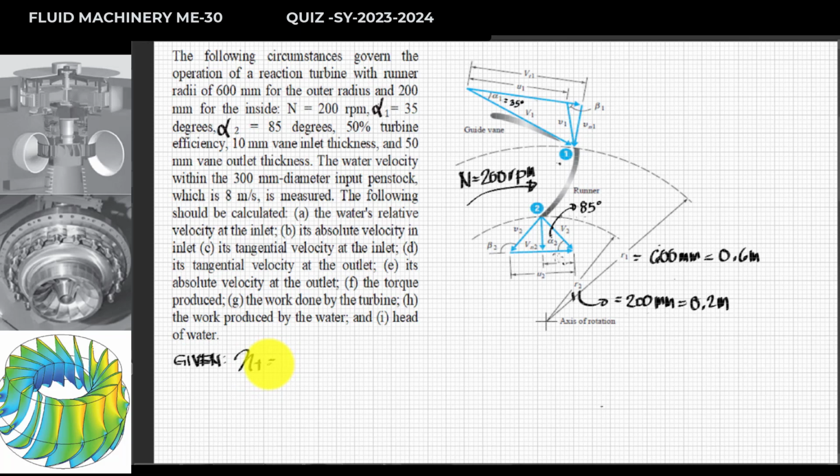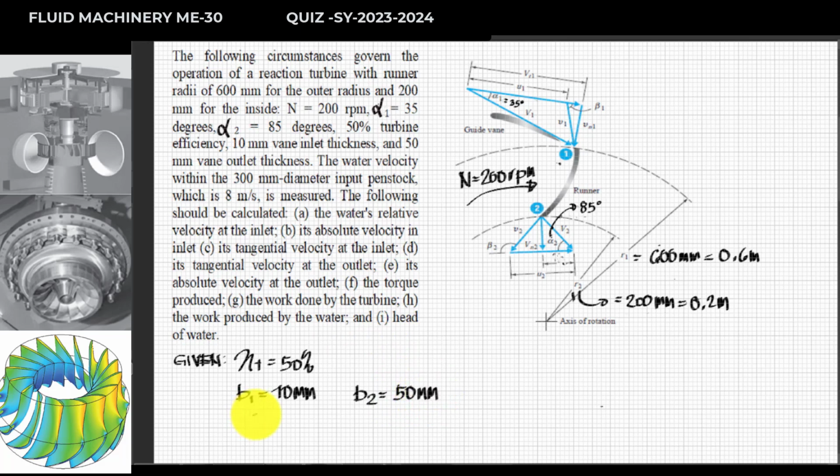And we have your 10 mm vane inlet thickness. At this point, that will be the vane inlet thickness, B sub 1, that will be 10 mm. And then we have 50 mm vane outlet thickness. This is the part that will be my B sub 2. So that will be 10 mm and 50 mm.